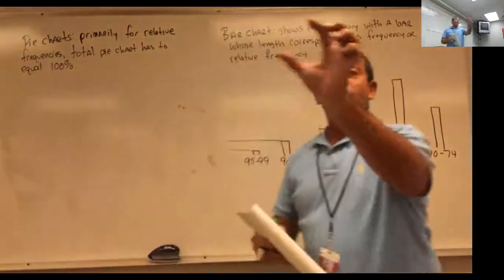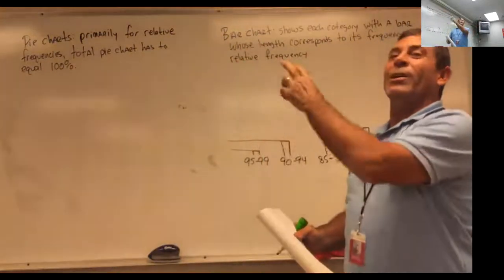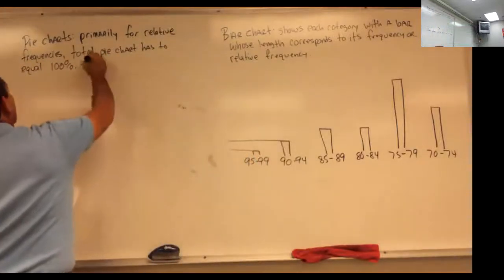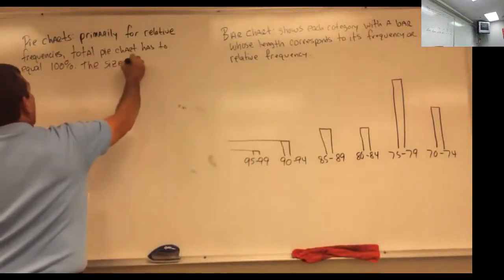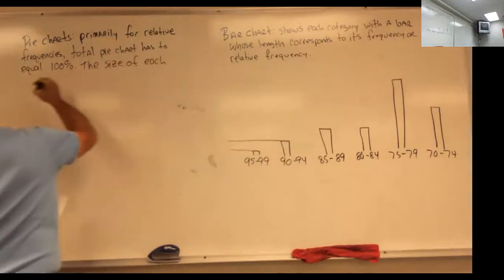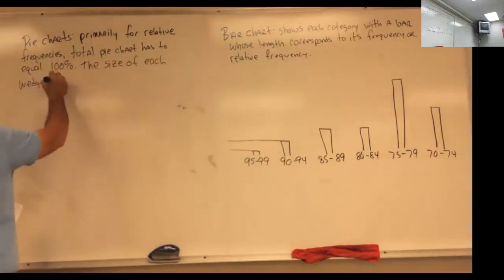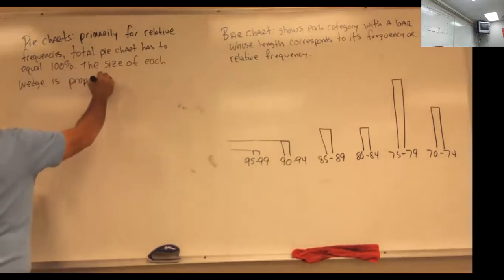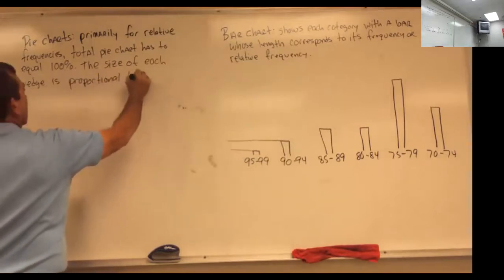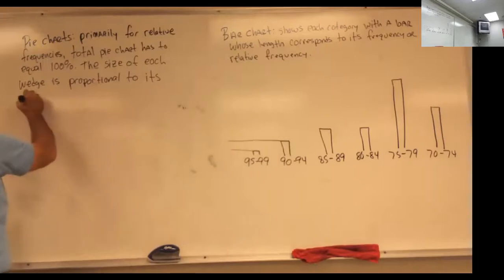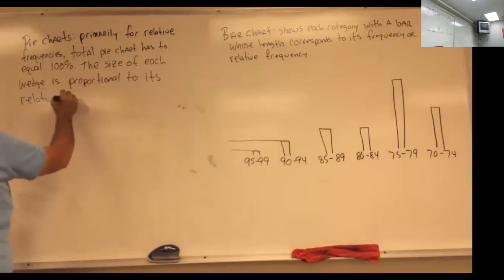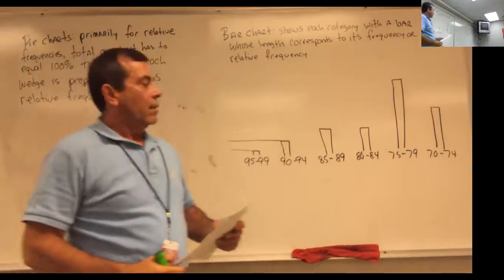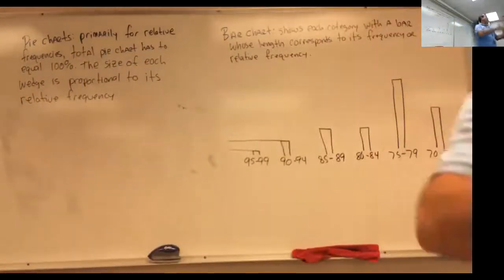The size of each piece or wedge is proportional to its relative frequency. So if you got one at 50%, it's taking half of that pie, right?